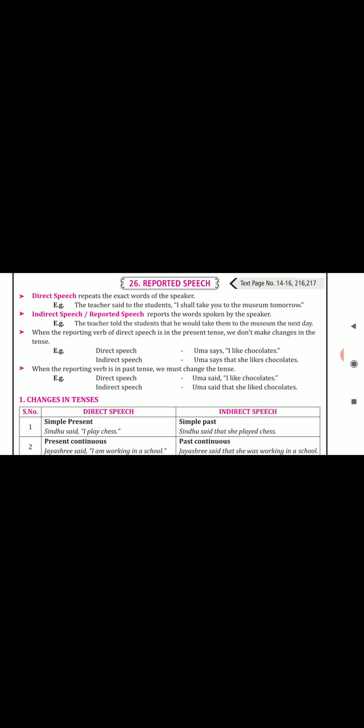Another point to keep in mind: when the reporting verb is in past tense, we must change the tense. For example, direct speech: Uma said, I like chocolates. In indirect speech it becomes Uma said that she liked chocolates.